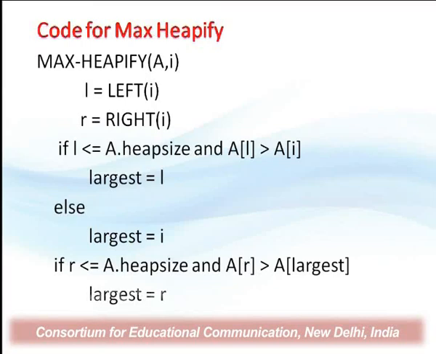This two-liner code of if and else actually means that within the heap size we are comparing the root node with the left child and finding the largest among them, and in the next line when we say if R is less than or equal to A dot heap size and A of R is greater than A of largest, largest equals R. Here, after finding the maximum between left and the root node, which is stored in largest, we are comparing that largest with A of R, which is the right child, and then we are placing the largest node among the tree onto the root position or the ith position.